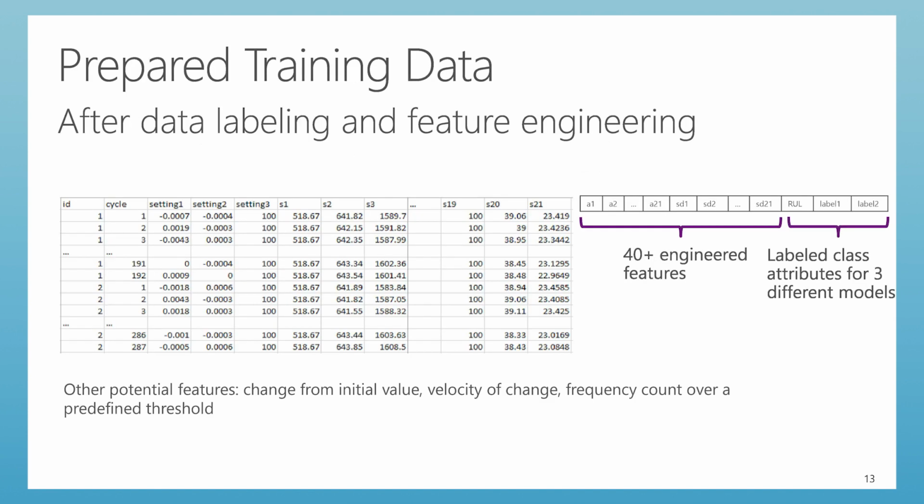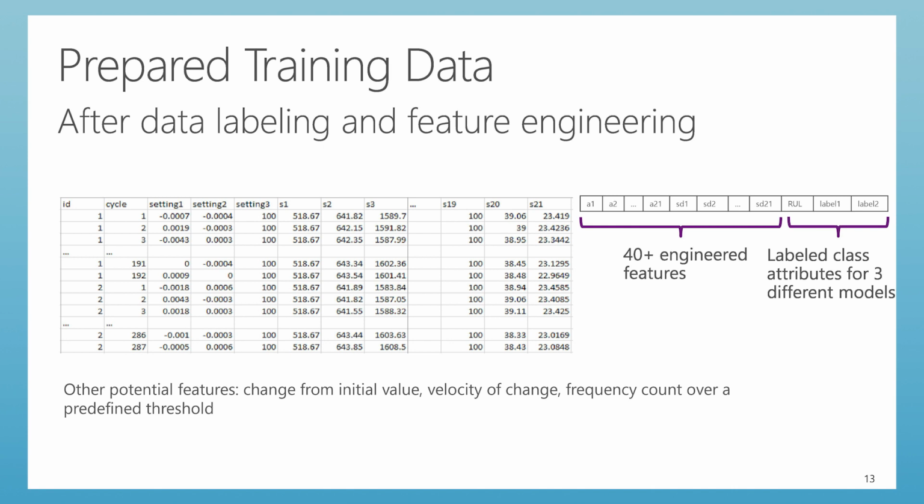So here, after we perform data labeling and feature engineering, eventually this is what we got as the training data. On the left-hand side, it's the same as we showed for the sample training data. And then we created 40 plus engineered features. And also we have created 3 class attributes for different machine learning models, right?